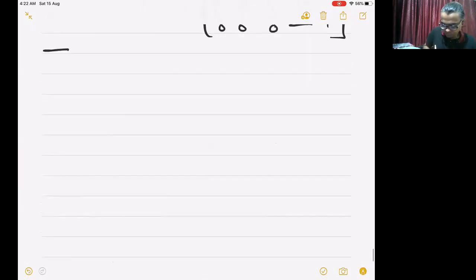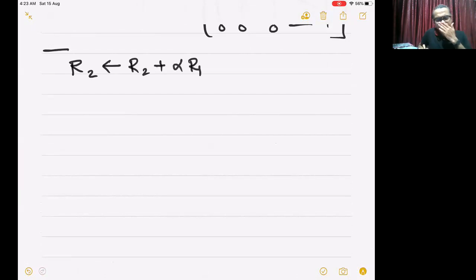So, suppose I want to change a row. Say I want to substitute R2 by R2 plus alpha times R1. Okay, what should I do? What should this M be? So M times A I have to do, right? Only R2 is going to be changed.